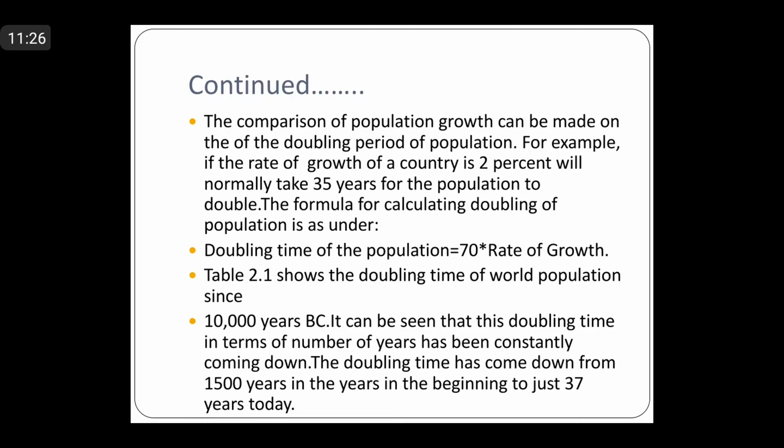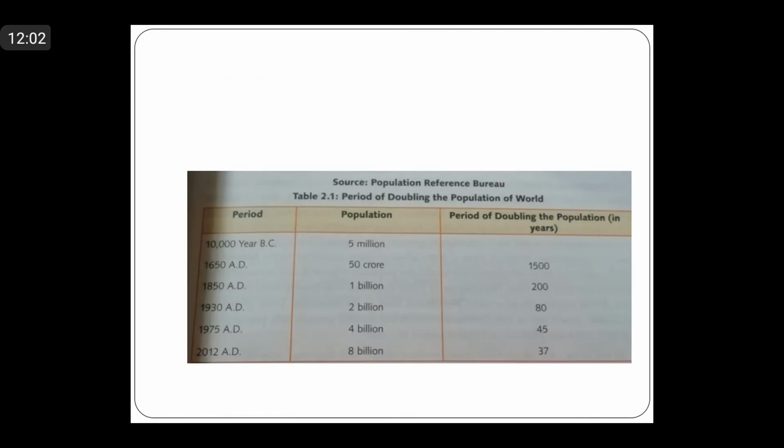And I have shown you the table, how the population grew, or doubled. From 10,000 years BC, it can be seen that this doubling time in terms of number of years has been constantly coming down, and the doubling time has come down from 1500 years in the beginning to just 37 years today. I mean, the doubling time is decreasing, but the population is increasing. The doubling of the population is taking place, and the years in which it doubles are decreasing.